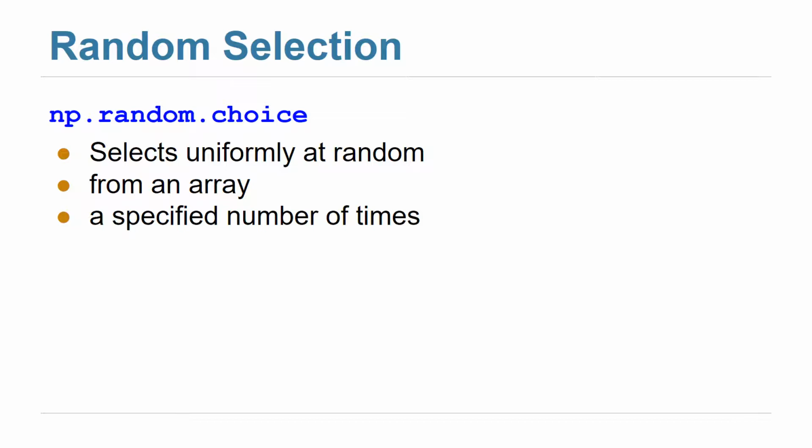Okay, so with replacement, we still sample from the same list every time. Without replacement means that we sample from the remaining. With replacement, we sample from the same list of values. So this function works with replacement.